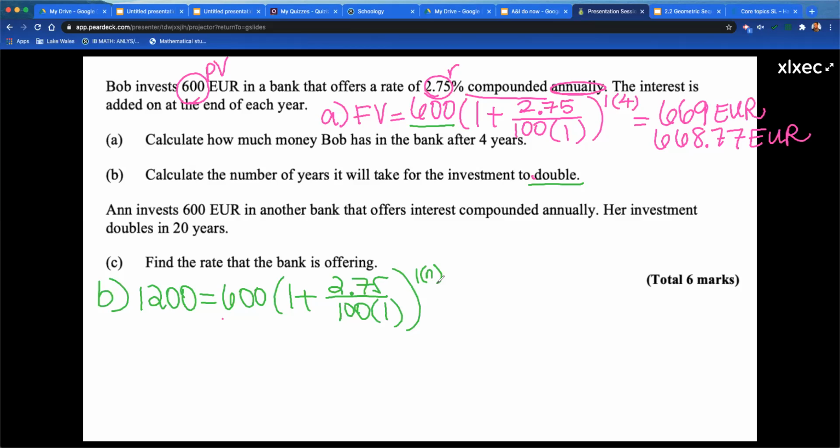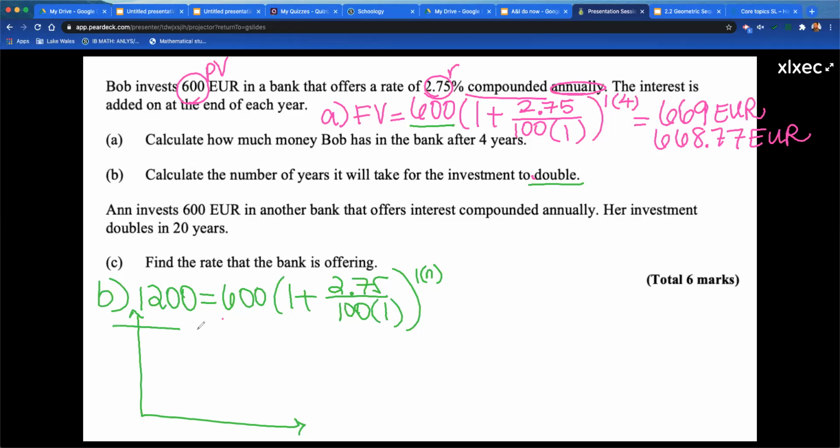Now in this particular problem, I have to figure out N. N is in my exponent. What do I use to determine this? What process do I have to go through? We can graph it and then find the intersection of y equals 1200 and y equals 600 times 1 plus 2.75 over 100 times 1, to the power of 1, and then instead of putting N, we put an x.